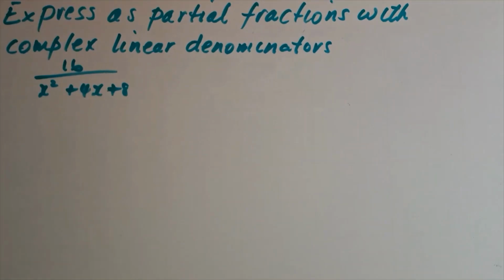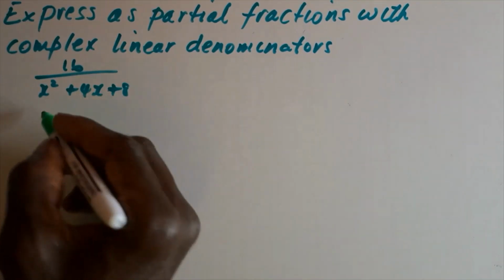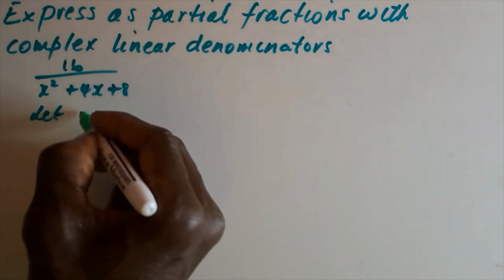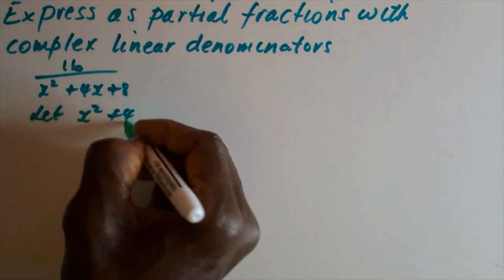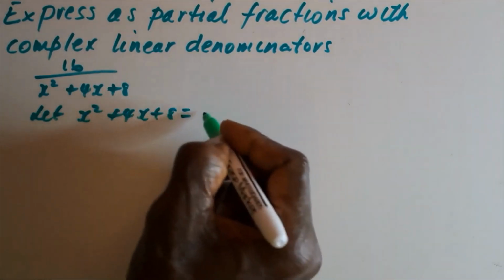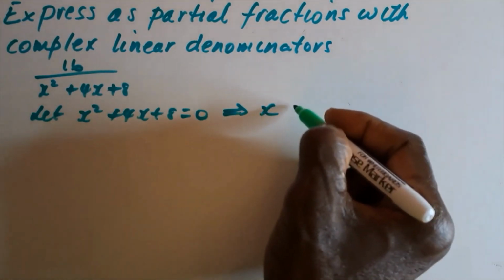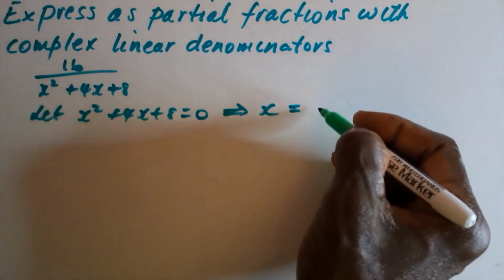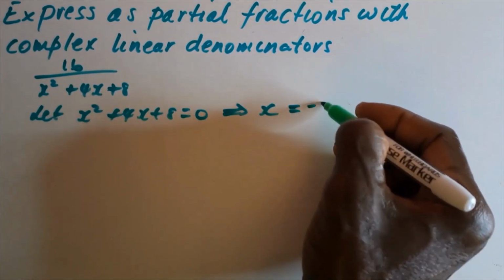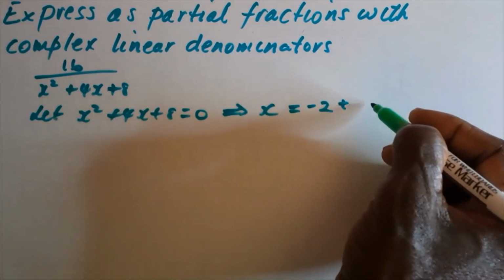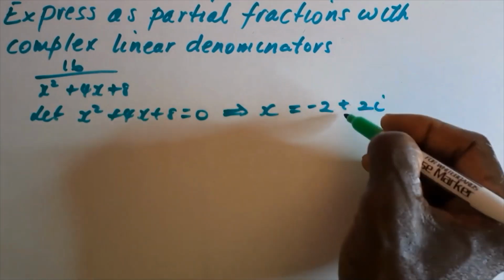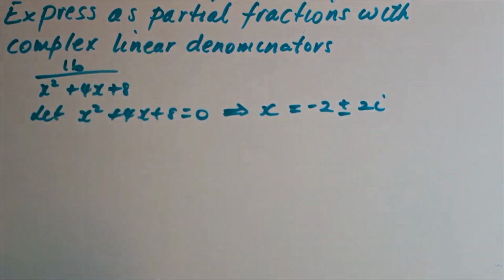Hi. The same thing, but we have a different fraction here: 16 over x squared add 4x add 8. If we let this denominator x squared add 4x add 8 equal to 0, we use the formula and our solution or roots are minus 2 plus 2i and minus 2 minus 2i.